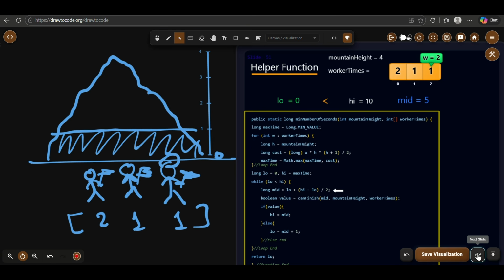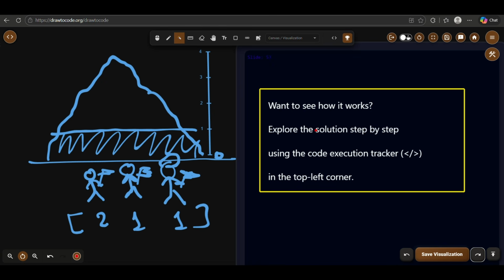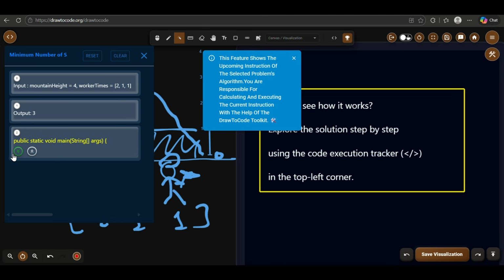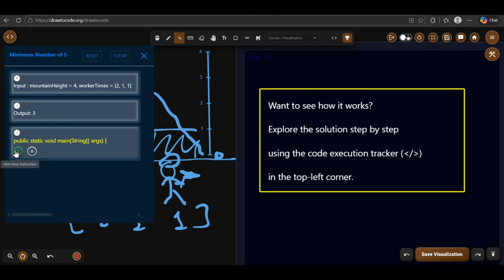The same process: again we will ask the same question. Now mid is 5. Is it possible to chop this mountain within 5 seconds or not? Then the function will get called and we will execute it. You can execute this instruction. If you want to see the execution of each instruction, you can use this tool.